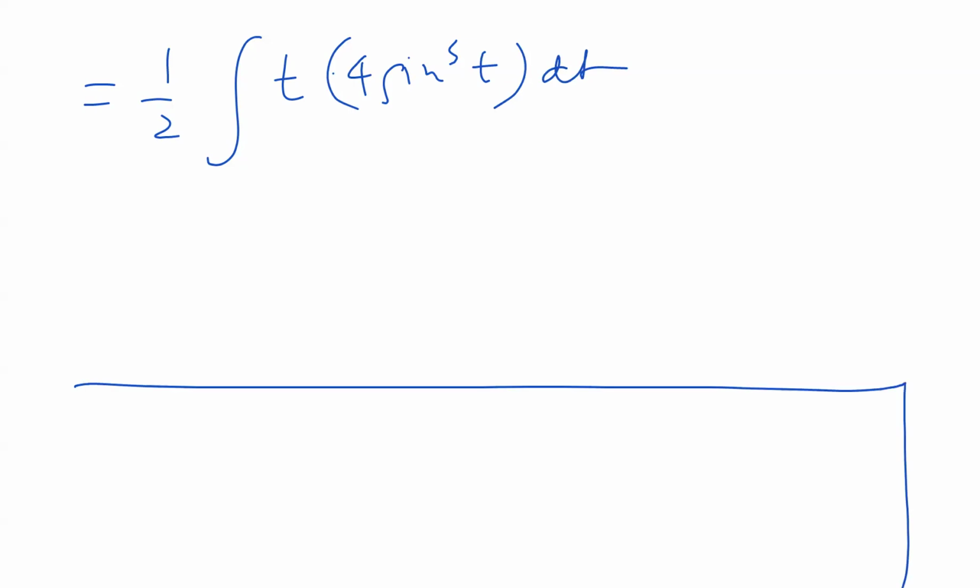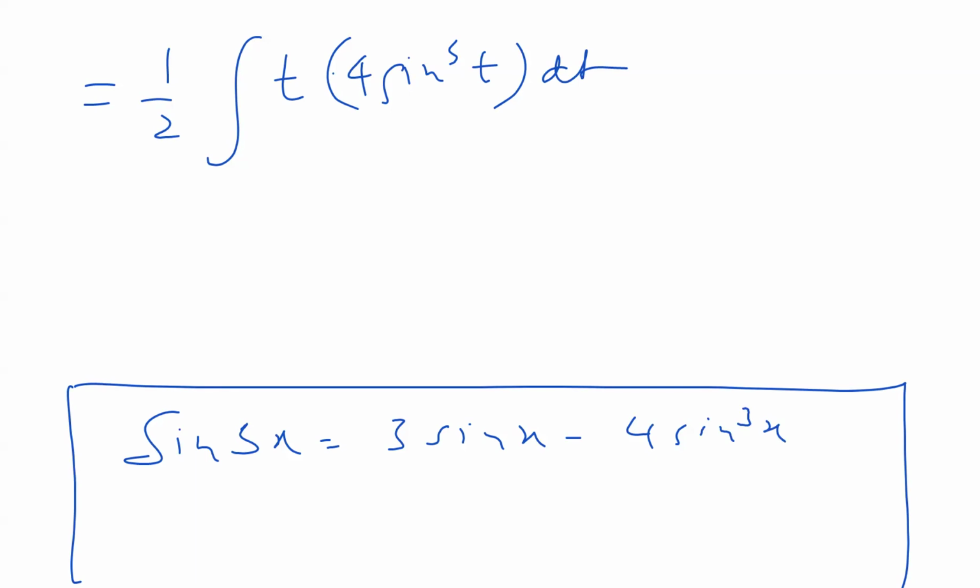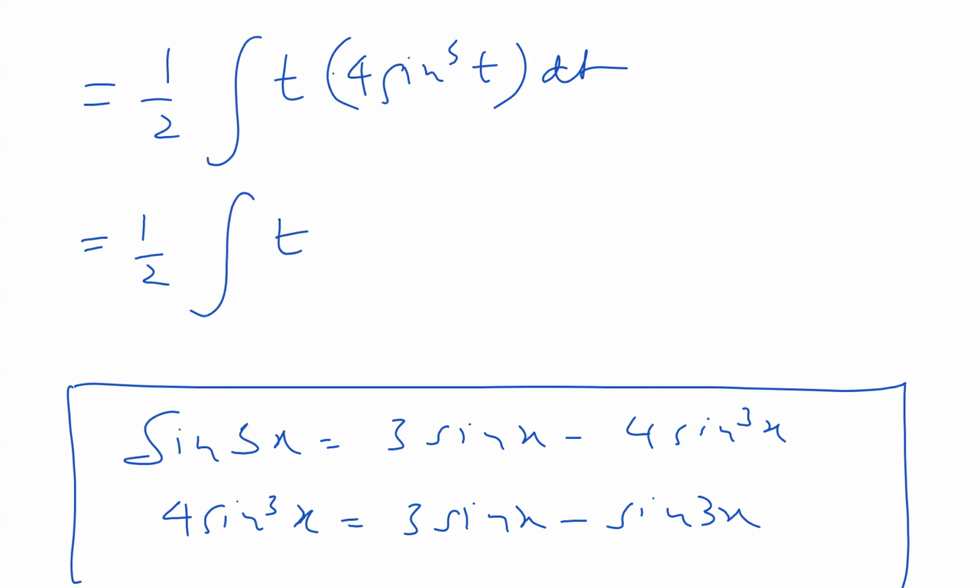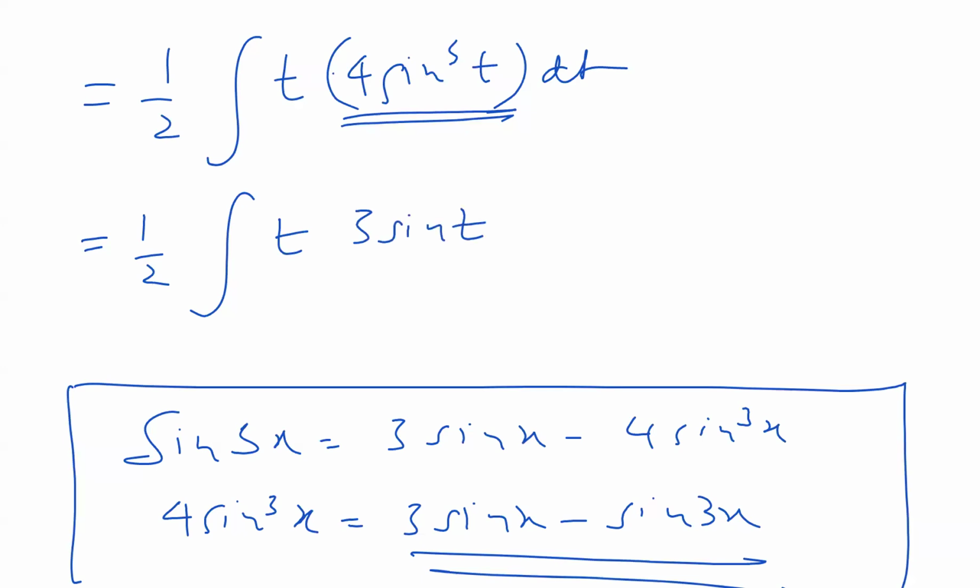Now see, sine 3x is 3 sine x minus 4 sine cube x. So 4 sine cube x is 3 sine x minus sine 3x. So half t into 4 sine cube t will be 3 sine t minus sine 3t into dt.